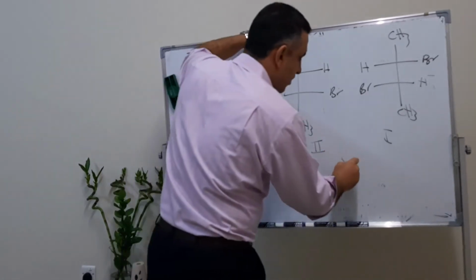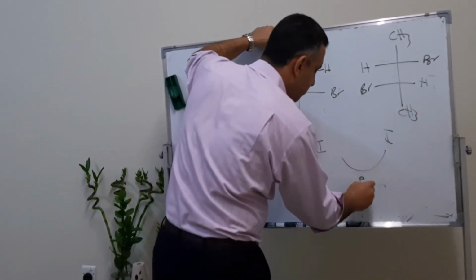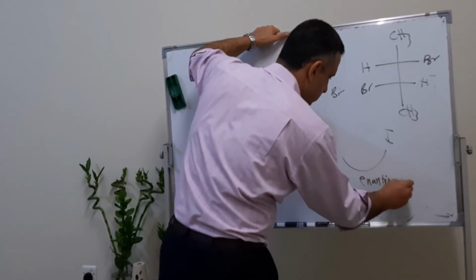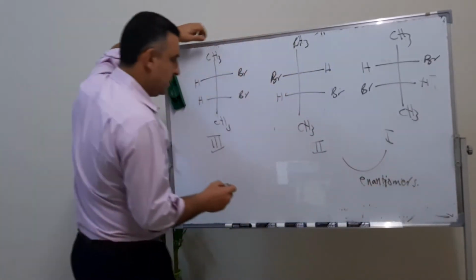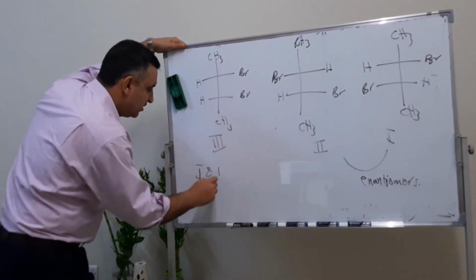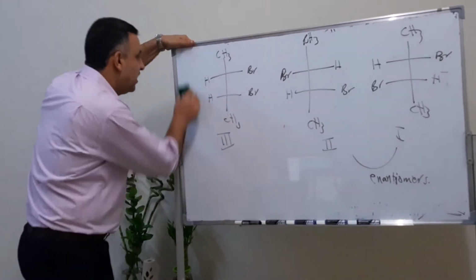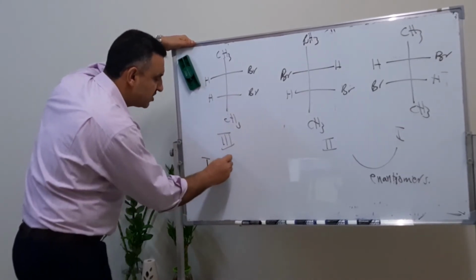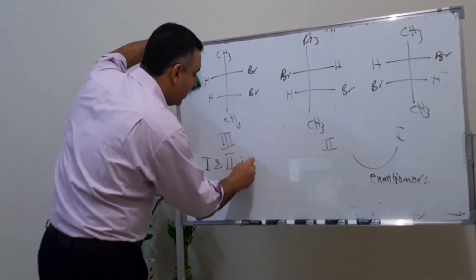As we said, 1 and 2, they are enantiomers. And now what's the relationship between 1 and 3? So let's write it down. The relationship between structure number 1 and structure number 2, they are enantiomers.